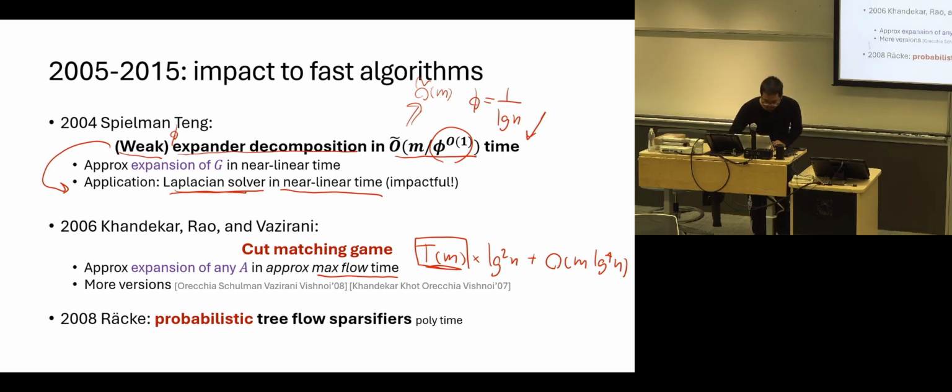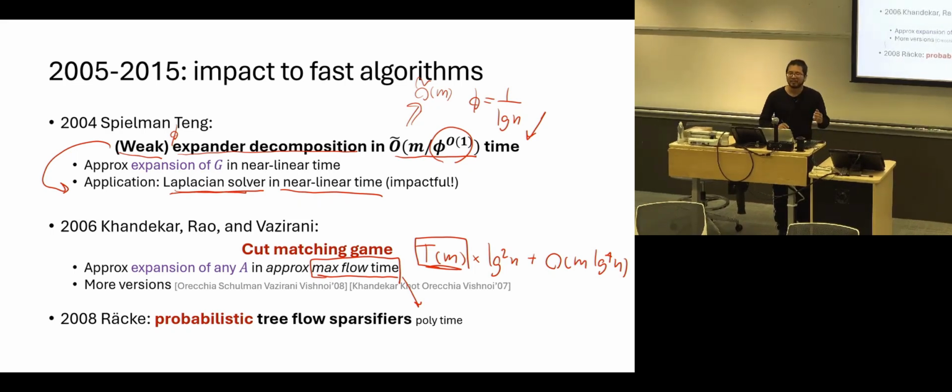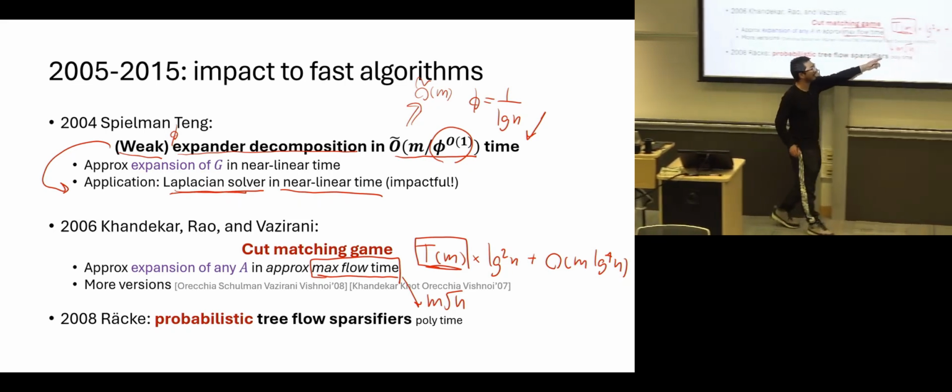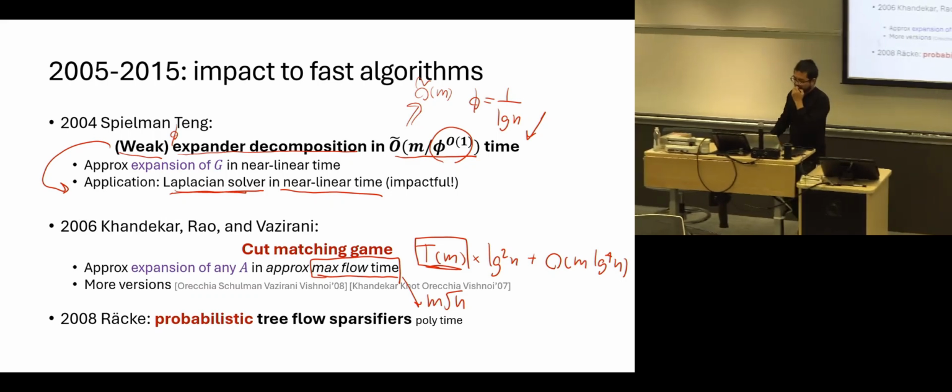But at this time, MaxFlow is not fast yet. By that time, people only know MaxFlow with this running time. Also, approximate MaxFlow is just this running time. So it's not so fast yet.